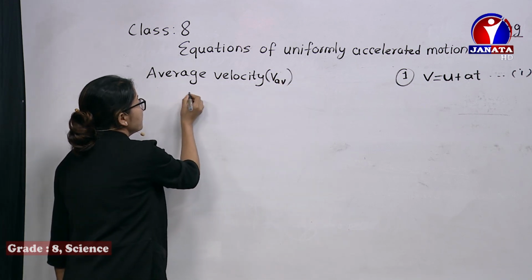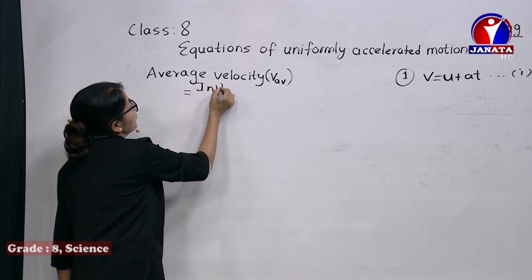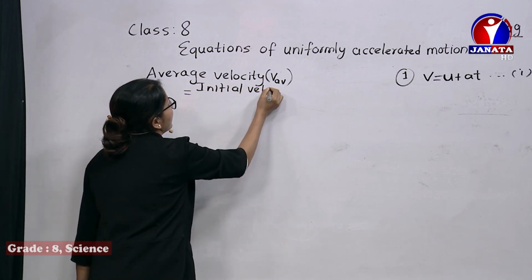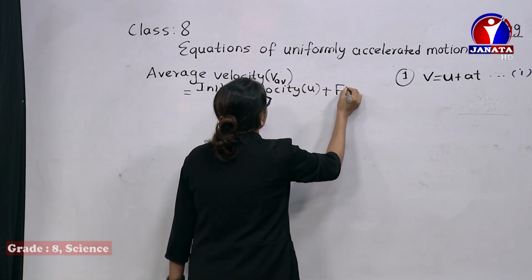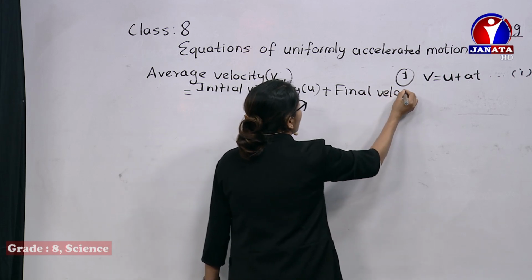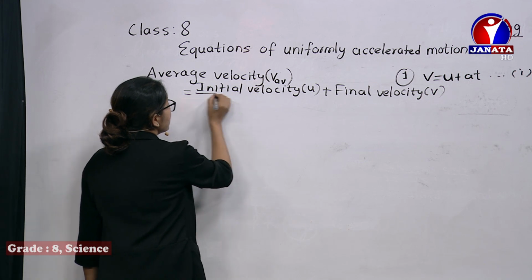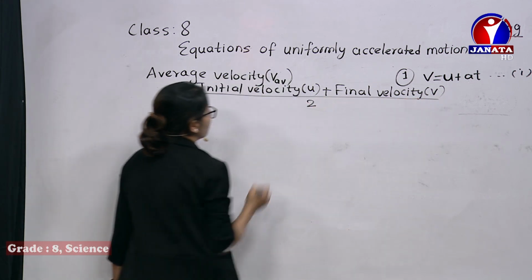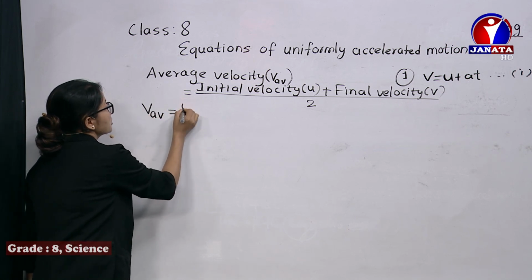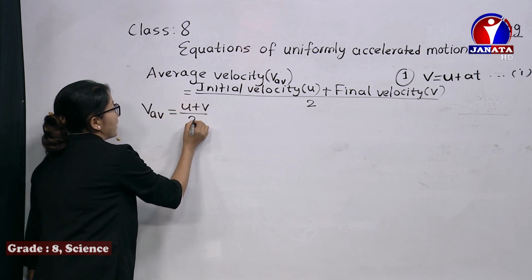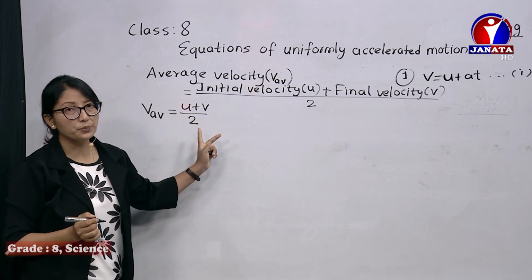Average velocity is equal to initial velocity u, plus final velocity v, divided by 2. To say it in short, VAV is equal to u plus v by 2.